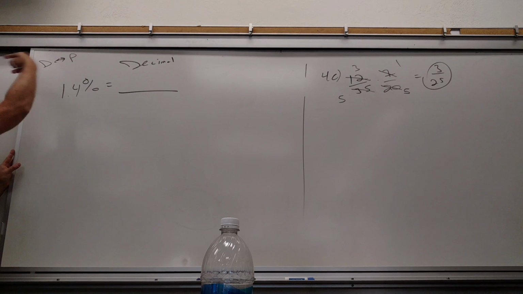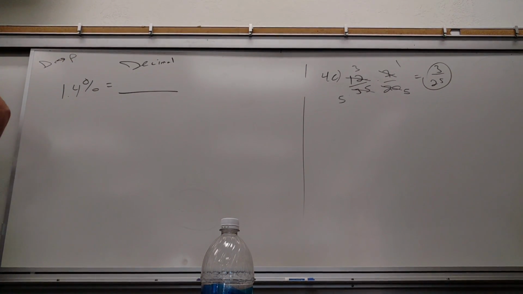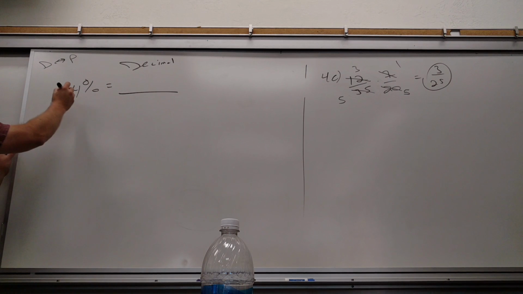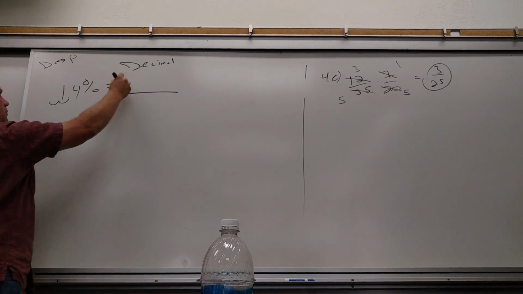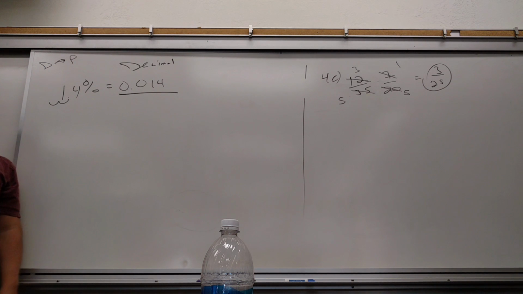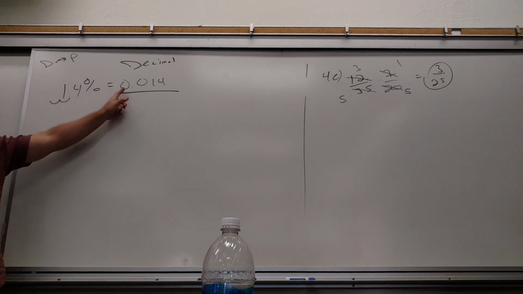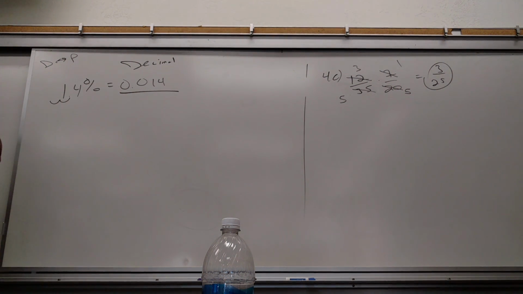From percent to decimal, you move it that way. I'm going from percent to decimal, so I move it back. Why is it always twice? Because percent means per 100. 100's got 2 zeros in it. So I'll move it once, twice, so it'll be 0.014. So you have to put 0.